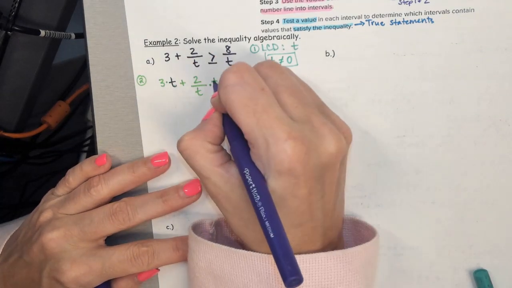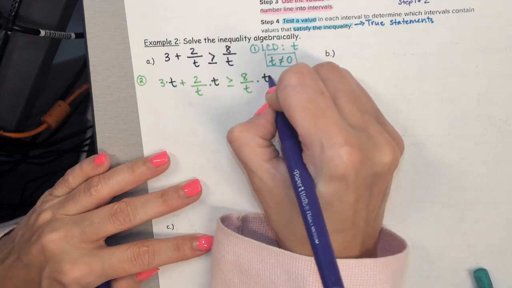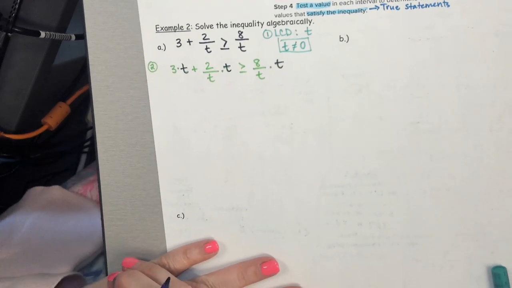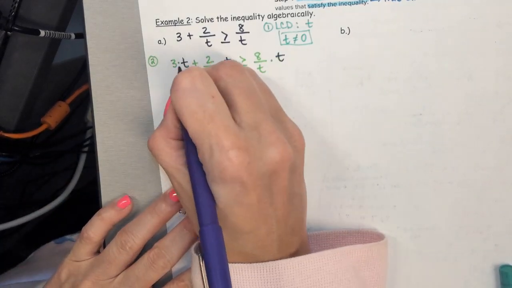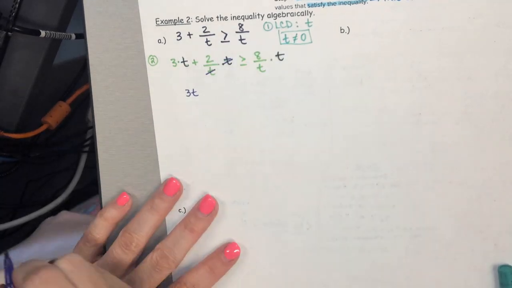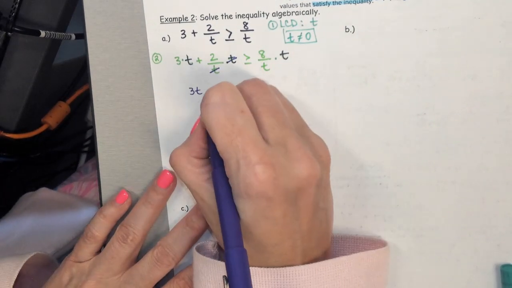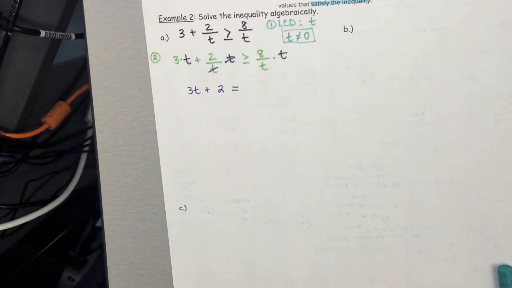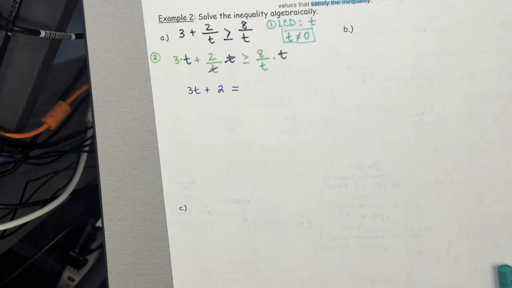When you multiply by the LCD, you are multiplying all of those by the LCD. So when you do that, you have 3 times t, which is 3t. The t's will cancel out here, and you'll be left with 2. And then for the related equation, we are going to change that into an equal sign.